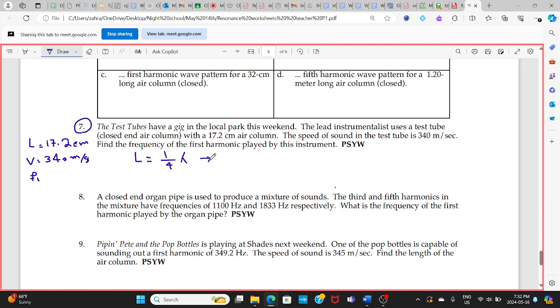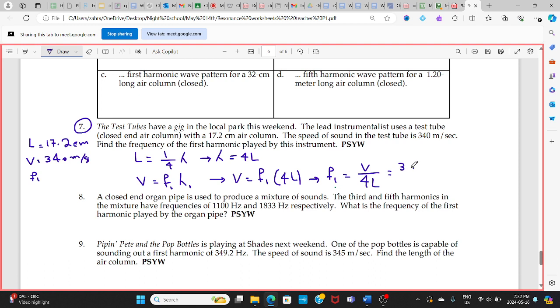And we know that V is equal to F lambda. If I want to find F1, I need to find the wavelength for the first harmonic, right? So lambda is equal to 4L. So sub that there. If I'm looking for frequency, it's going to be V over 4L.